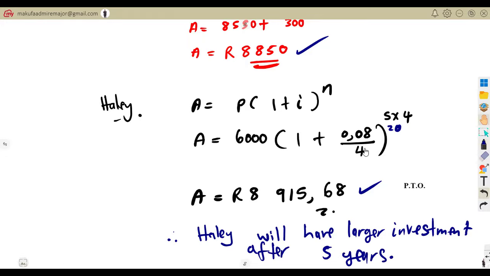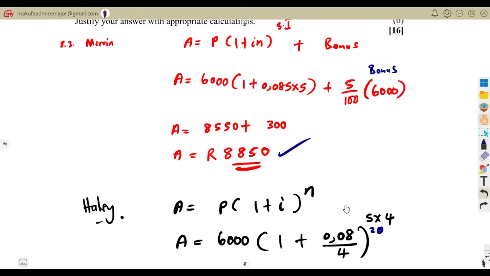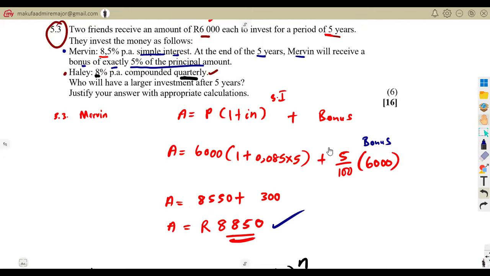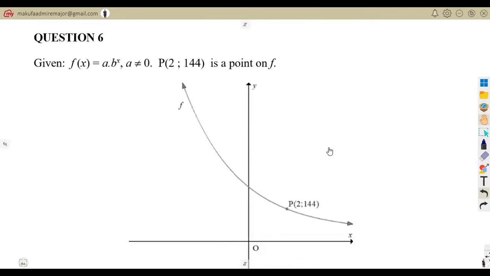Remember, it was a comparison between these two. Who is going to have the bigger amount at the end? You just have to work out with the conditions that are being given. With those conditions, you play around with the information that you are given. That was actually going to help to answer that question or the part that we had there.